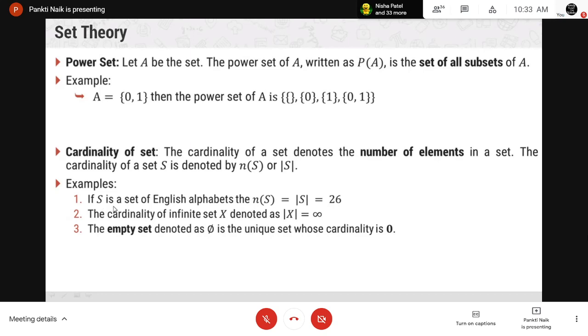For example, if S is the set of English alphabets, then the cardinality of S is equal to 26, because there are a total of 26 letters in the English alphabet. The cardinality of an infinite set X is denoted as infinite. The cardinality of the empty set is denoted as null, and the empty set is the unique set whose cardinality is 0.